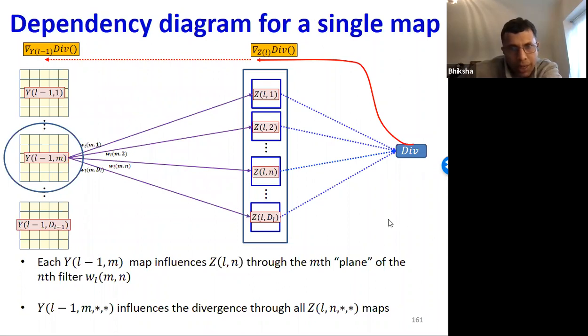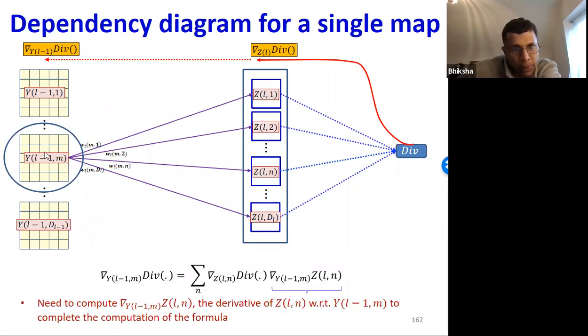So here is the complete dependency diagram for a single map. The mth map, a single map in the L-1th layer, influences every single map in the Lth layer, and each one of these maps in turn influences the divergence.